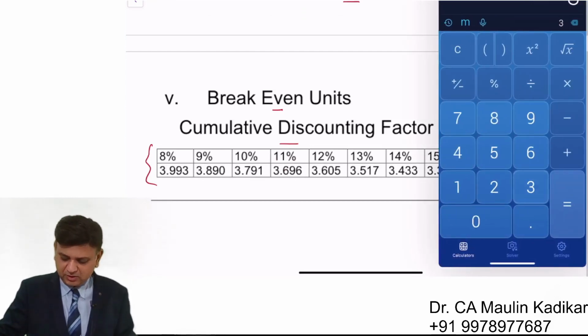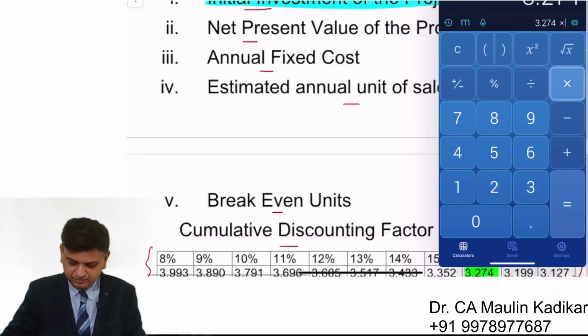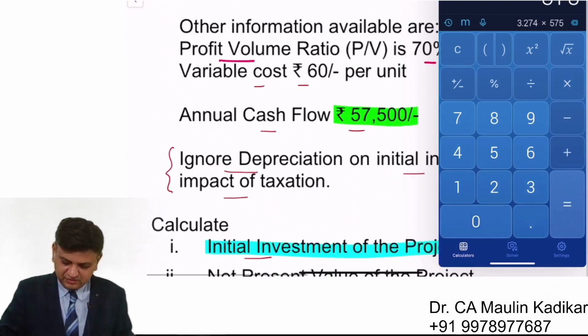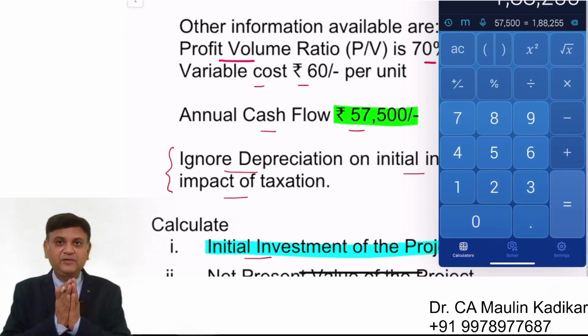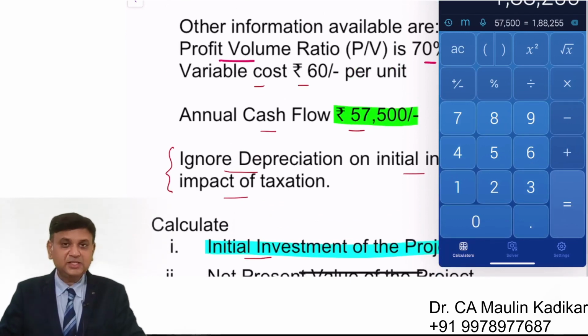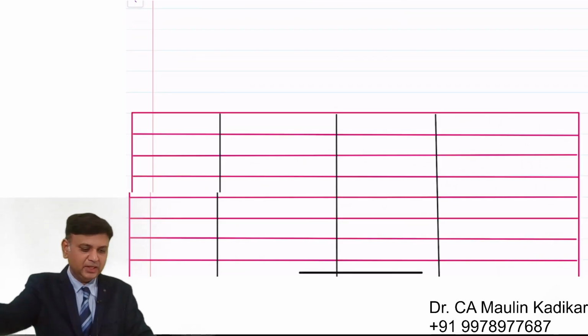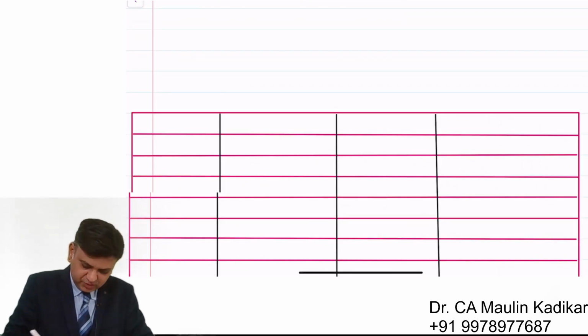So please use your calculator. 3.274 into 57,500. So this is what we understand is the present value of the cash inflow, and that itself is the investment. Why? Because at IRR NPV is 0. I request all of you to write an answer for the first question.